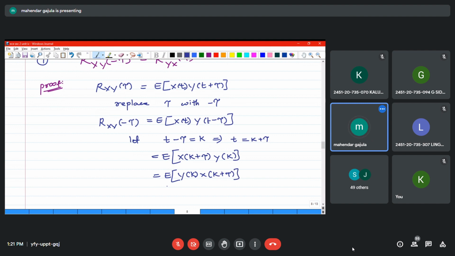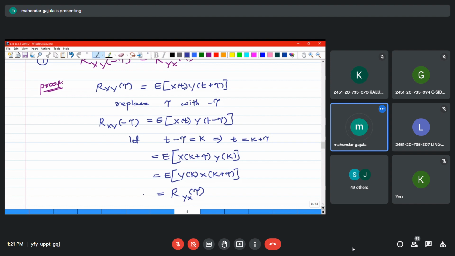Okay, can we write it as R? What is the first variable here? Y. What is the second variable? X. So function of tau. In place of t here we have k. Except that t and k, everything is same.